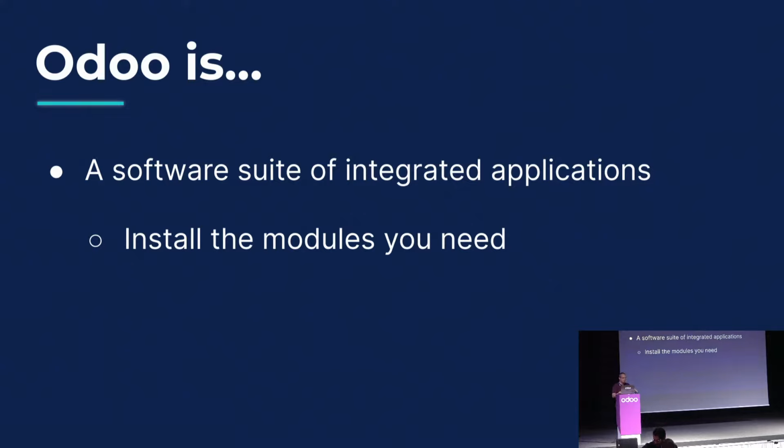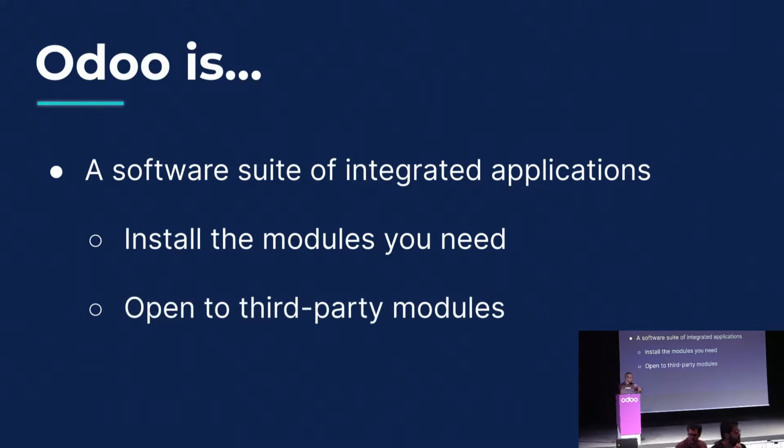So you've got an Odoo database, and on that database, you're said to have installed a certain number of Odoo modules. And so you can have, in fact, an Odoo instance with only a small subset of the applications. You're not forced to have everything.